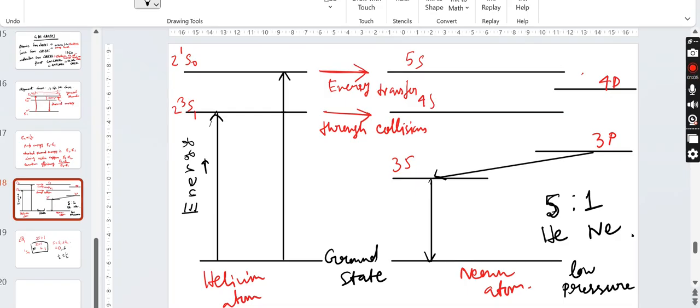So the inelastic collision between helium atoms in the ground state and the electrons present in the discharge results in the excitation to both these levels, and so the helium atoms go from the ground state to the upper state.